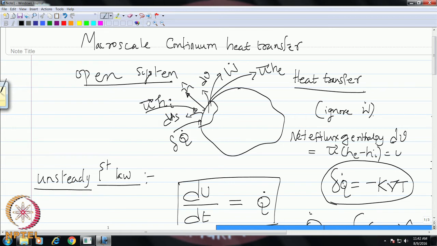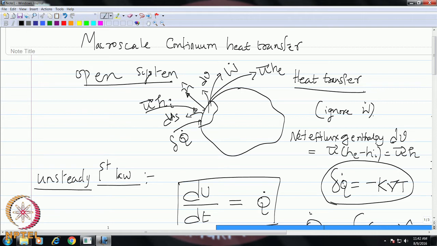We will call this u vector times h. So, this is your net efflux of enthalpy, which is basically leaving this particular differential control volume. So, for the entire control volume, what is the net efflux of enthalpy?